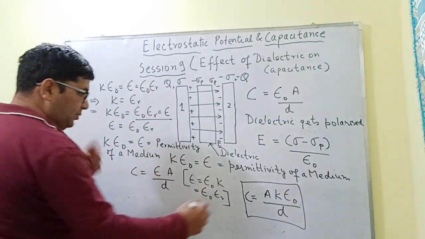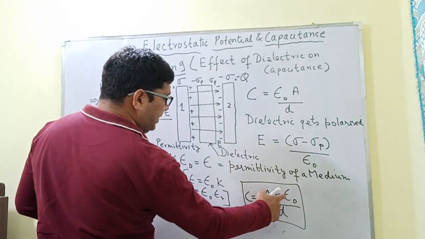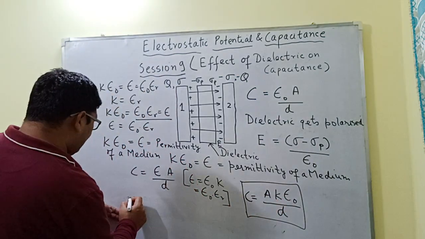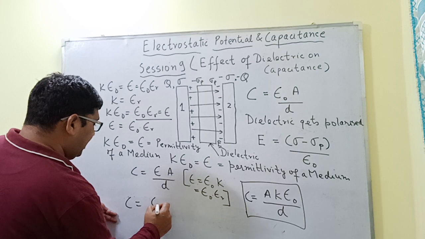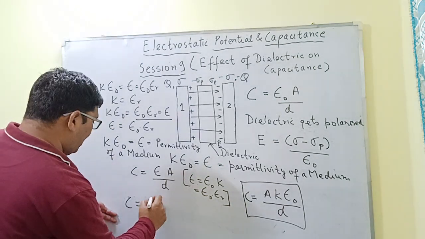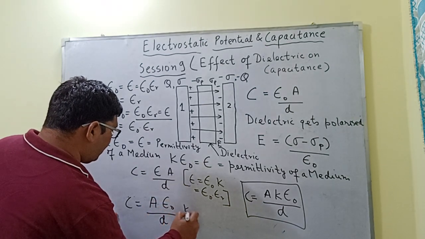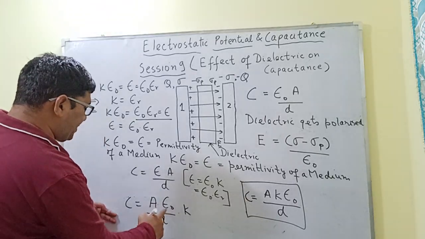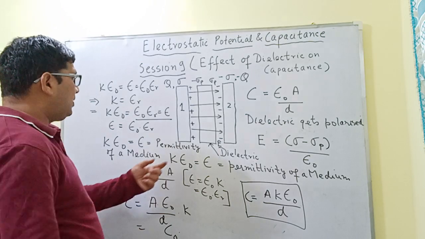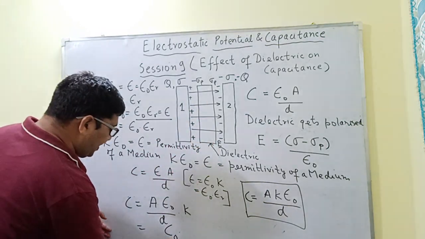Now from this equation we see that, अगर आप इसको देखेंगे, so C is equal to A K epsilon naught upon d. So we can also write it as A epsilon naught upon d into K. And this epsilon naught A upon d is the capacitance of a capacitor when the medium between these two conductors is either vacuum or free air, which is denoted by C naught.